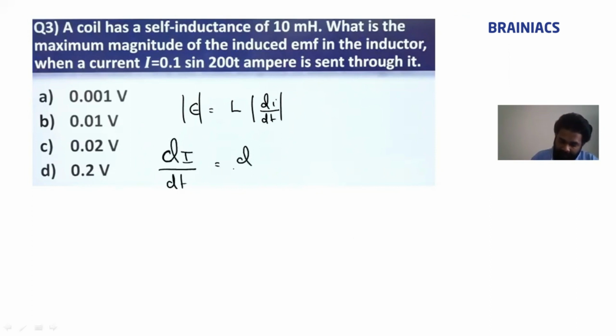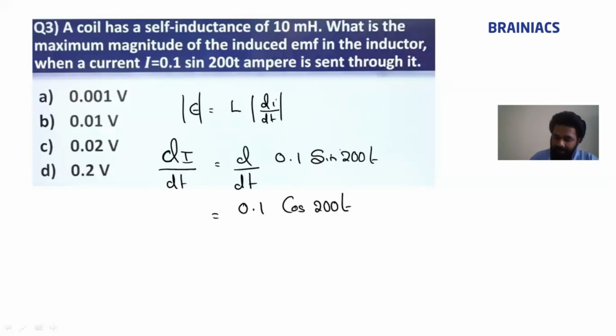This is nothing but d by dt of 0.1 sine 200t. When you differentiate this, we will be getting 0.1 into cos 200t, and that inner term we need to differentiate again according to the chain rule, a function inside another function, into 200. So we will be getting 20 cos 200t.